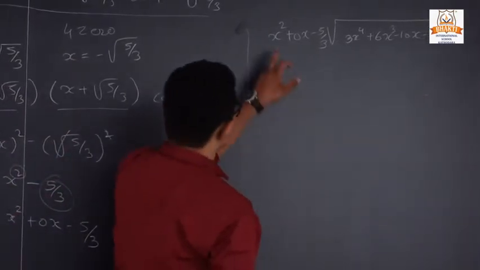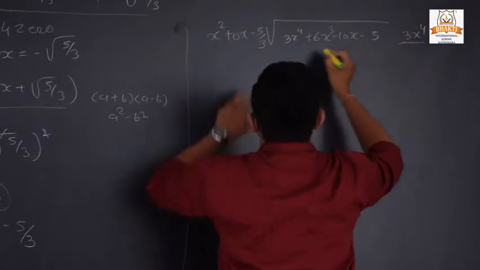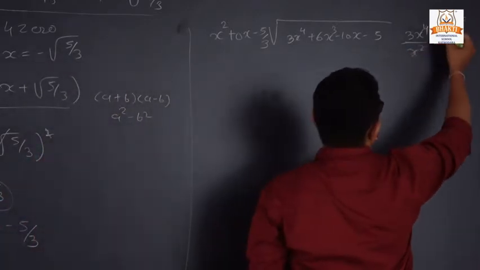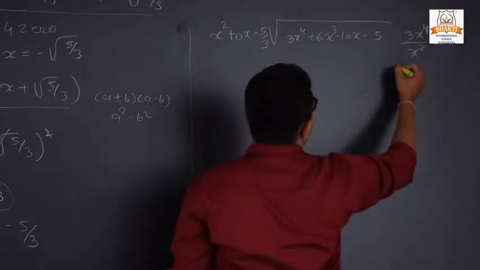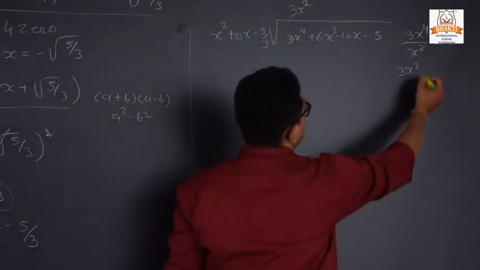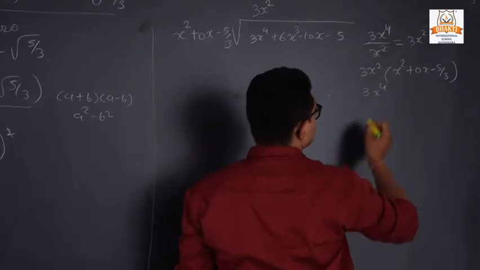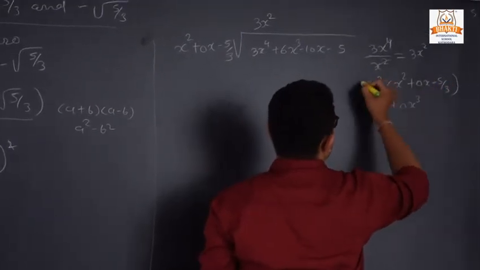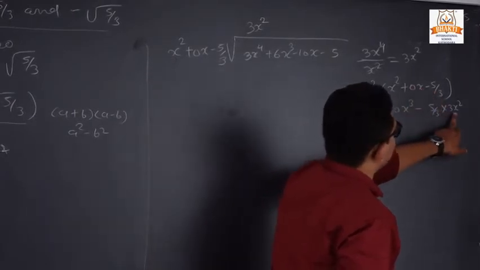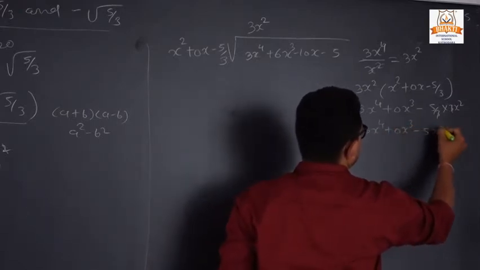Now we check: 3x⁴ divided by x². The x² cancels, so we get 3x². Now we write 3x², and 3x² is multiplied with all of x² + 0x − 5/3. So x² into x² is x⁴, 3 into 0 is 0x³, and minus 5/3 into 3x², the 3 cancels, so 3x⁴ + 0x³ − 5x².